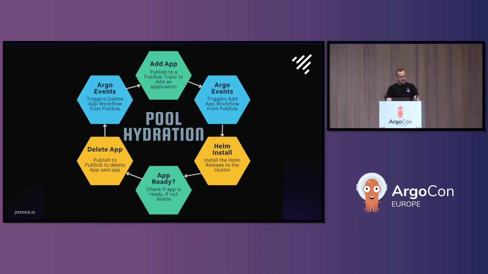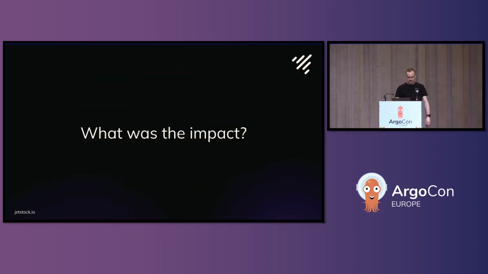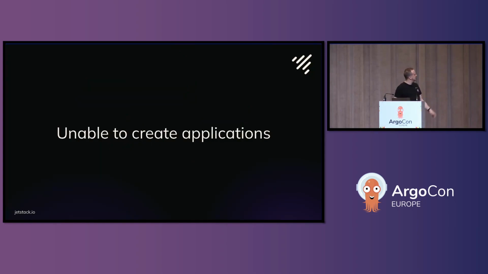And it caused a lot of hassle. The impact of that: we were unable to create any genuine applications in the cluster, because this pool was just continuously going around and around. Likewise, we were unable to delete any applications in the cluster.